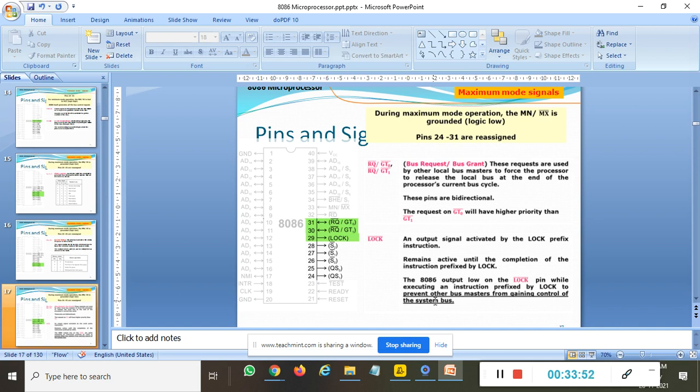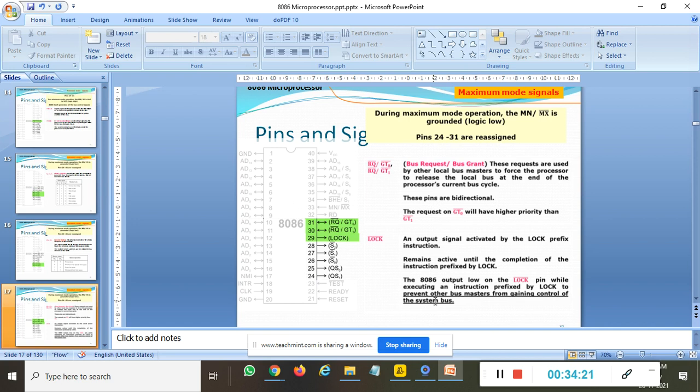So another three pins, pin numbers 29, 30 and 31, are the maximum mode of operation pins. These are RQ/GT0 and RQ/GT1, which are called bus request and bus grant.